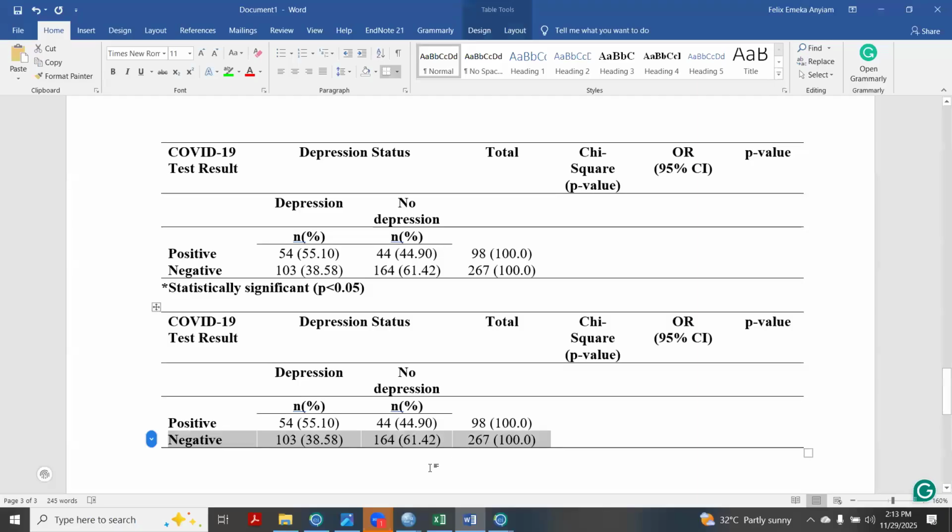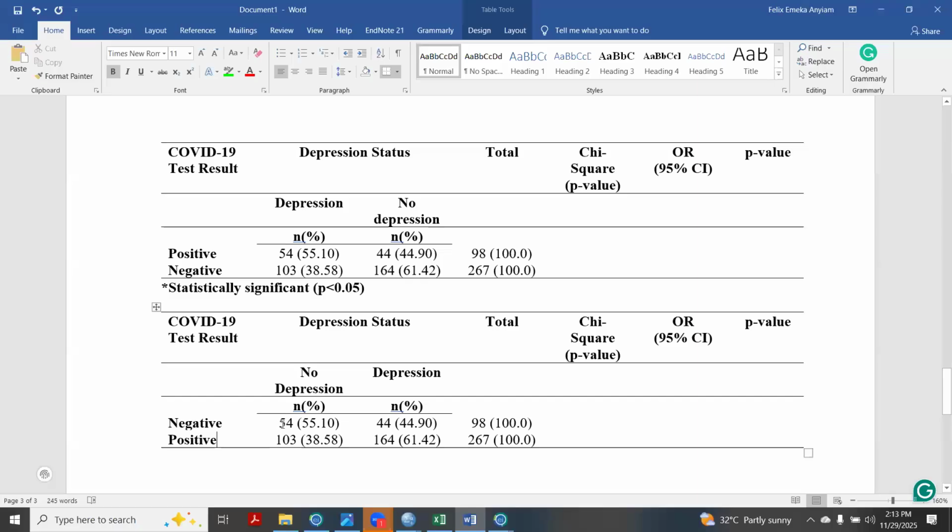First of all, let me switch this. I want this to be no depression, and I want this to be depression, because my interest is in no depression now. So I want this to be negative, and I want this to be positive. So I want to see the beneficial effect of testing negative. So I have to switch these values.